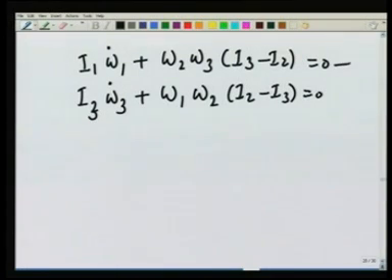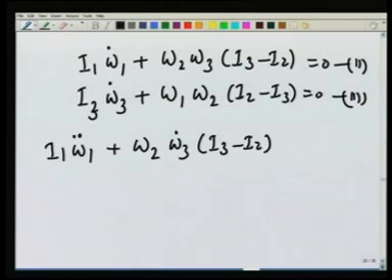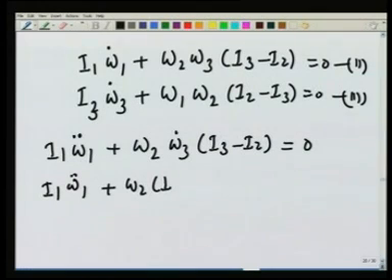Again differentiating this equation once more and substituting for omega 3 from here, we get I1 omega 1 double dot plus omega 2, which we have already shown is a constant, omega 2 omega 3 dot (I3 minus I2) is equal to 0. Substitute for omega 3 dot to get I1 omega 1 double dot plus omega 2 times (I2 minus I3) times this. I can change sign when I go to the right side.